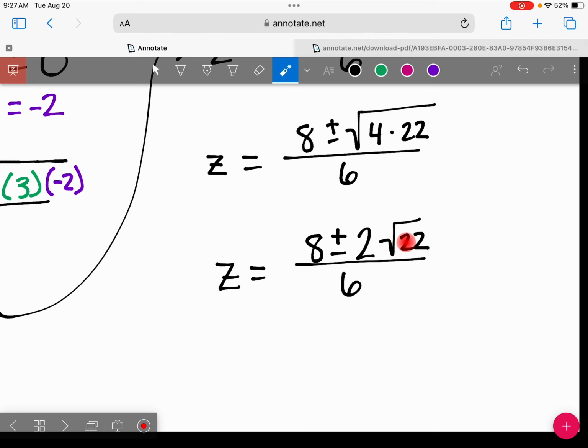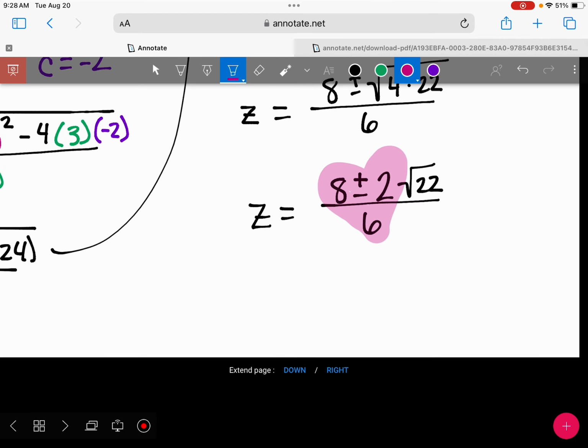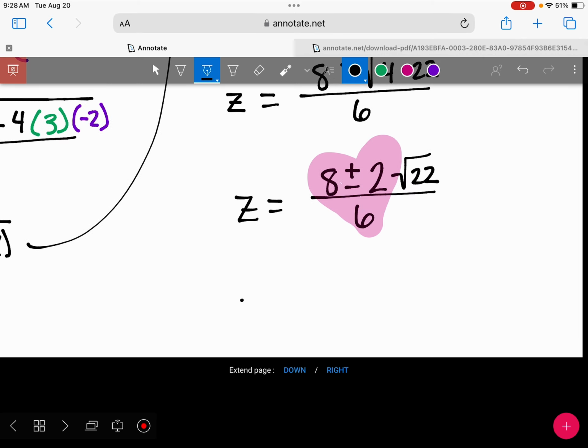Square root of 22, that's a variable. Look at our coefficients: 8, 2, and 6. They're all divisible by 2. Which, if we think back to what we did at the very beginning, since we multiplied everything by 2, that's where that 2 is coming from.